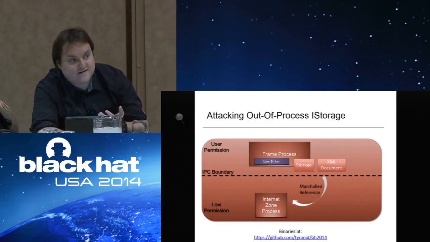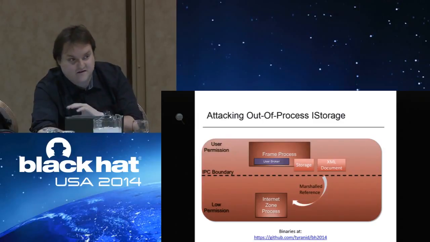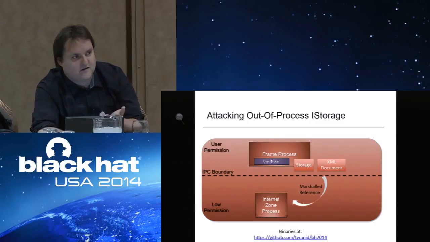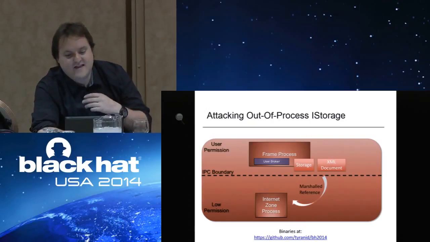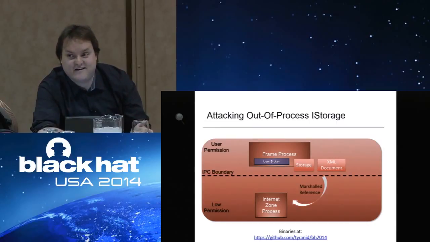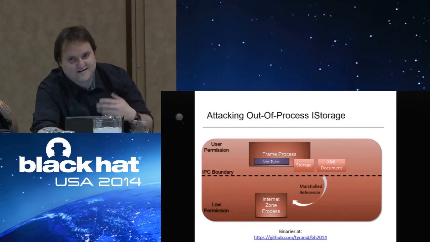It does, but now the document ends up being created in the higher privileged process, because it's just a binary stream at this point. It's just a blob set of bits. So in order to give this back to you, it has to create this document. It calls CoCreateInstance and creates the document for you, deserializes it, and passes you back a marshaled reference, which isn't the original thing. It doesn't reserialize it back to you, which it could do theoretically, but it doesn't. So you've got this asymmetry there.